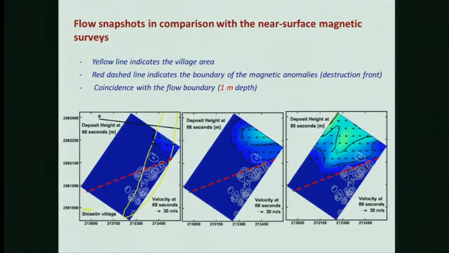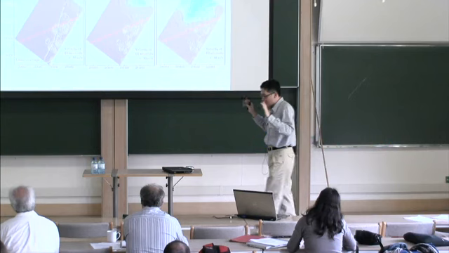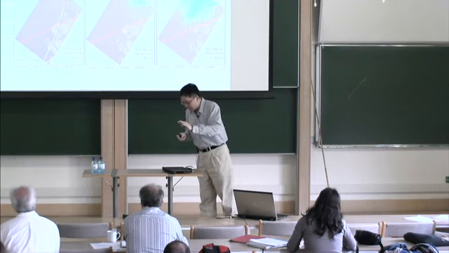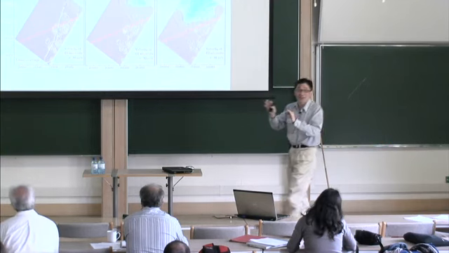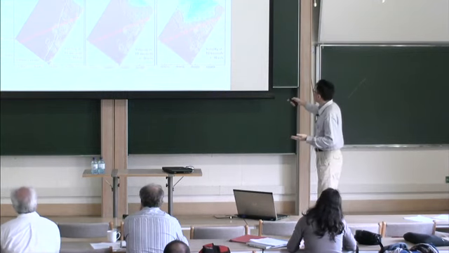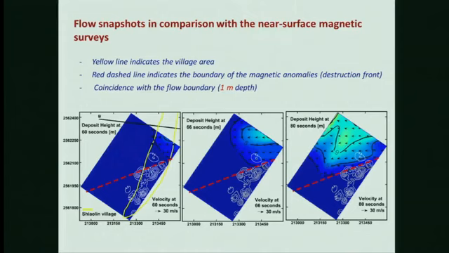That means all the artificial structures such as houses, cars, and anything with steel or metal cannot be found here. There is a magnetic signal front approximately here, and this front approximately coincides with our flow boundary of 1 meter depth.